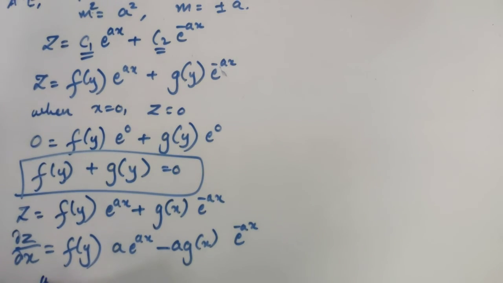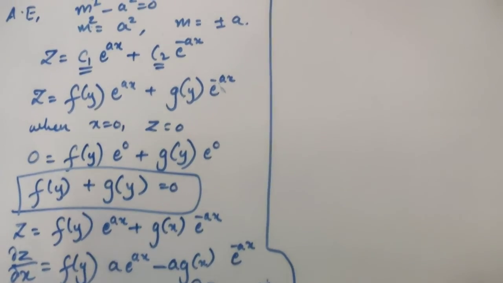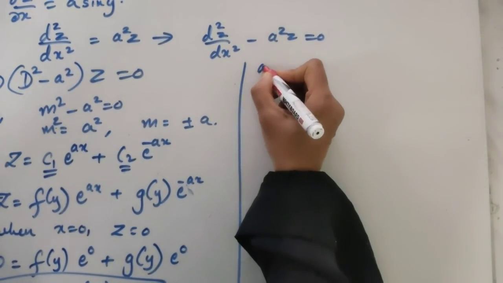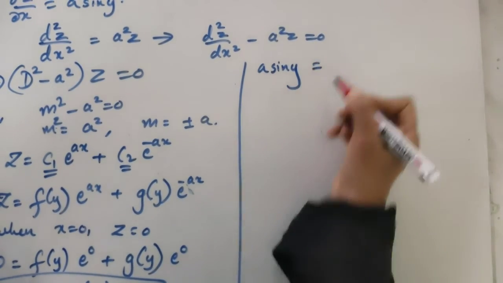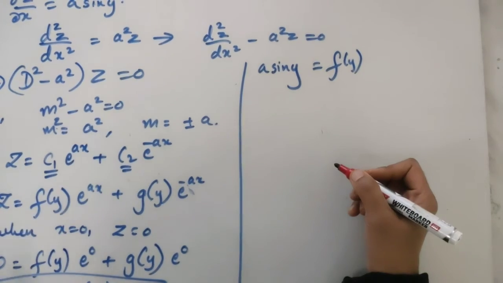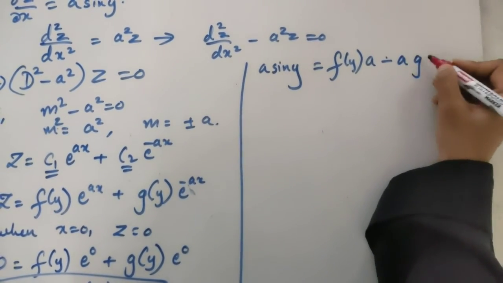Now when x is equal to 0, dou z by dou x is equal to a sine y. So let's use this. All of you, please make a note. Now dou z by dou x, a sine y, is equal to f of y, you are putting x equal to 0, so a as it is, minus a as it is, g of y.